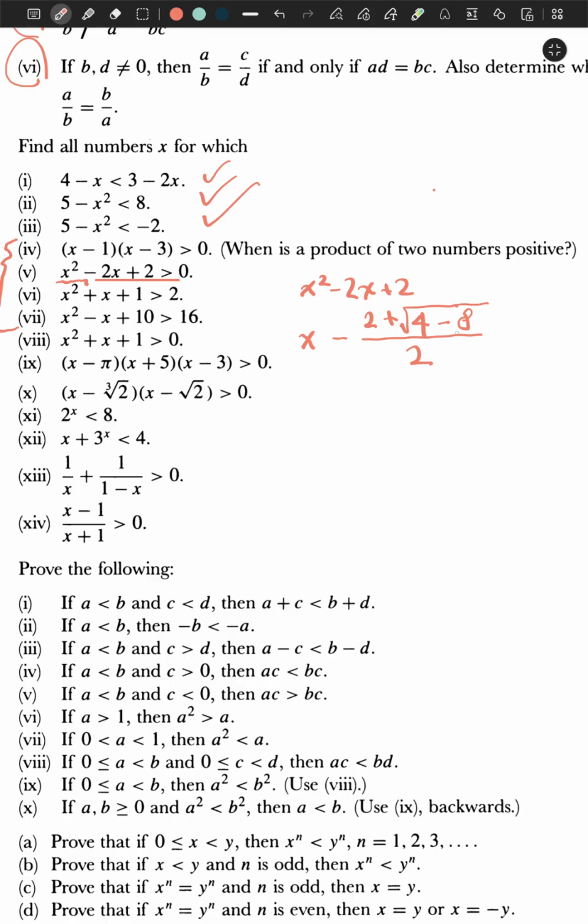So we need the square root of 4 − 8, which doesn't have a corresponding real value, right? The same thing goes for the other root, 2 minus the square root of −4. So there's no real solution for this as well.